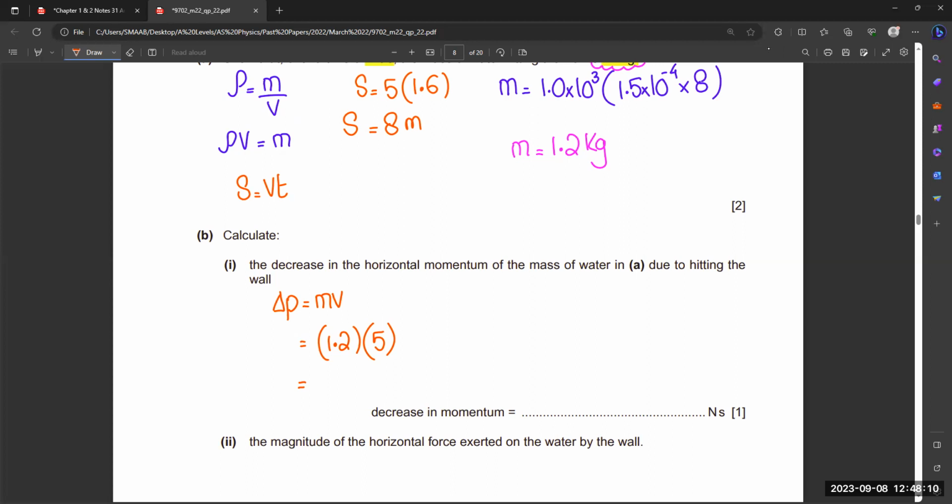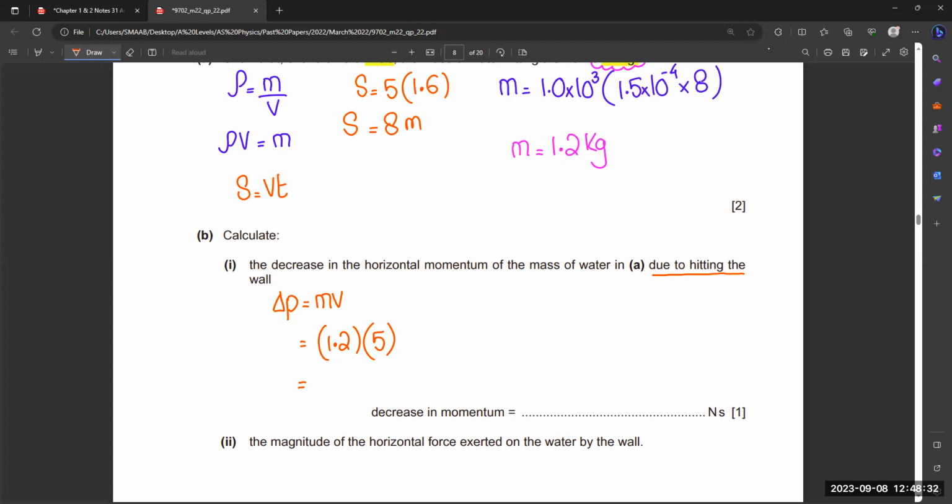So they are just asking due to hitting the wall. We just need to find out the momentum of that. They are not asking about before collision and after colliding with the wall, right? So that's why they are asking only about the basic horizontal momentum. Might be they ask in the next part with reference to force or after the collision, what will be the value. So let's see in the next part.